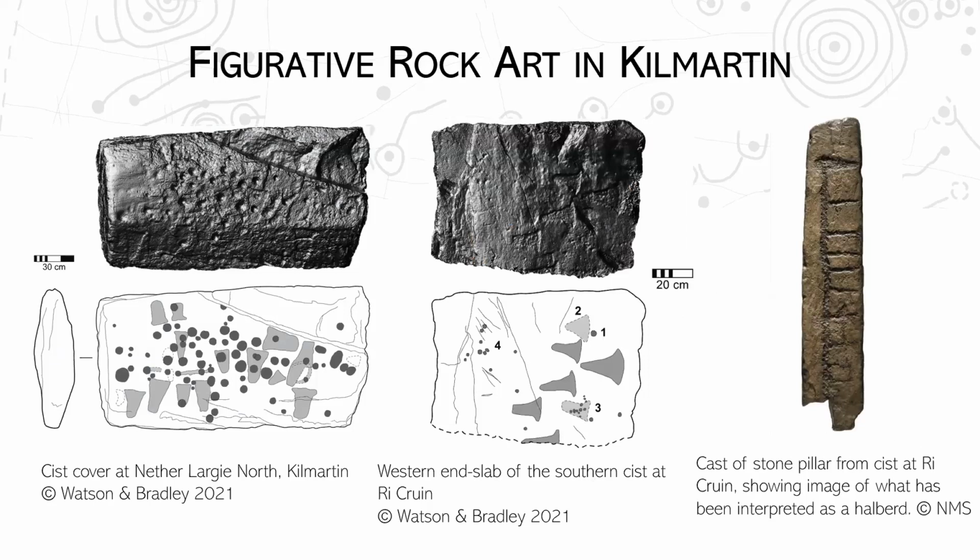Obviously, while the deer carvings for this chronology and this context are completely unique in Scotland and elsewhere in Britain and Ireland, Kilmartin is known for the carvings of axe heads in the kists of many of its monuments, and this is also a relatively unique phenomenon in Britain and Ireland, with only a few other known examples.